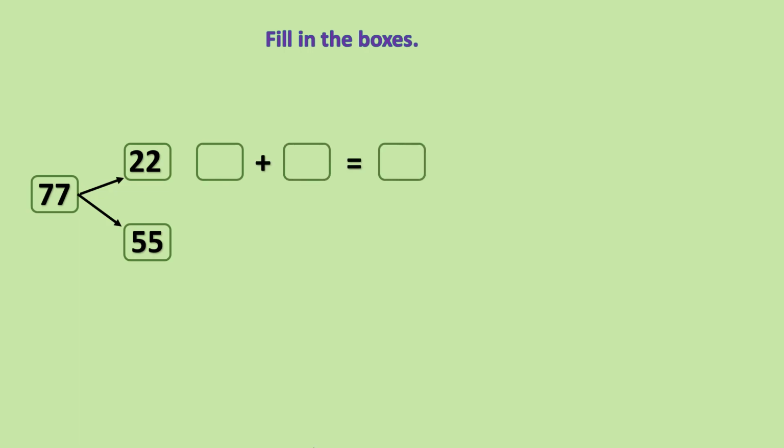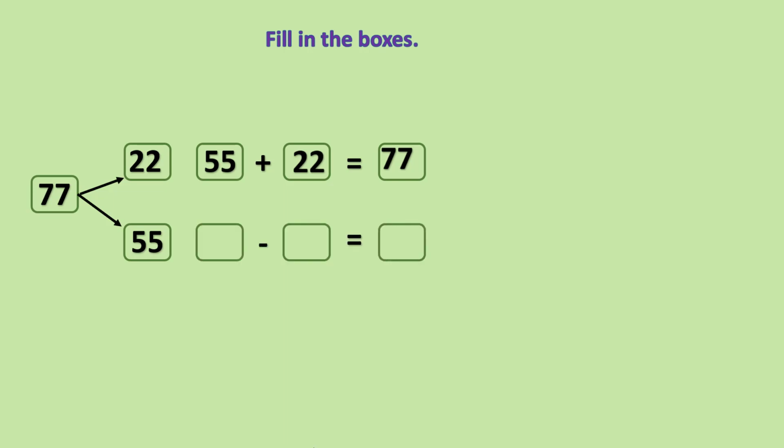In these three boxes we put these three numbers. First we put 55 and then 22. 55 plus 22, and the answer is 77. It means these three numbers we are only arranging in their order.